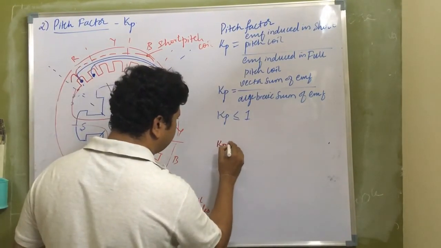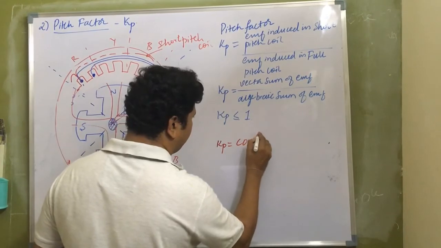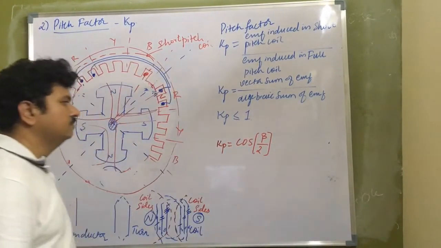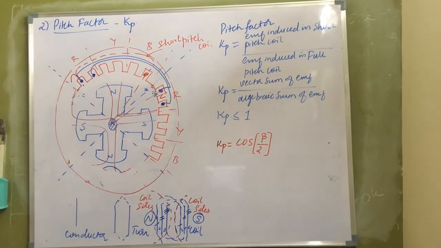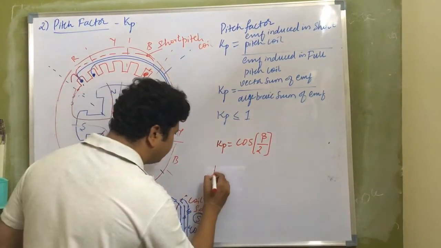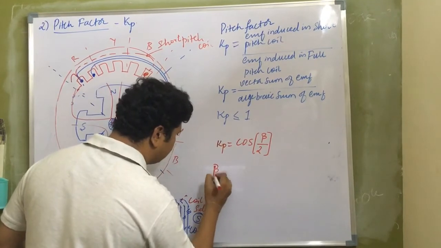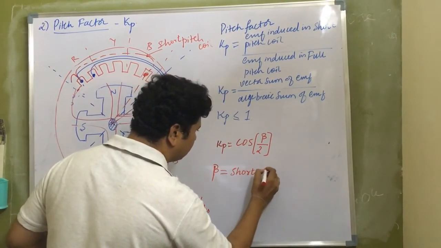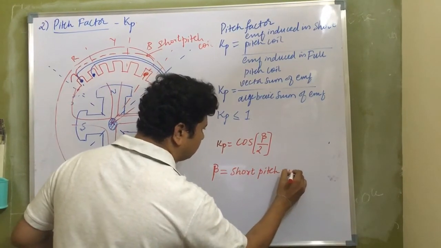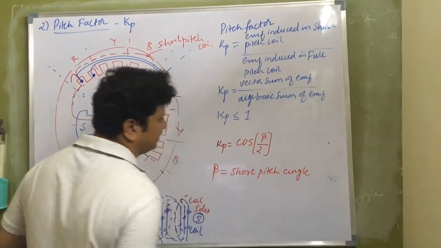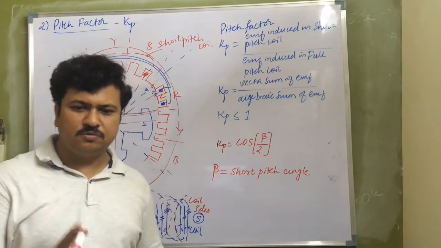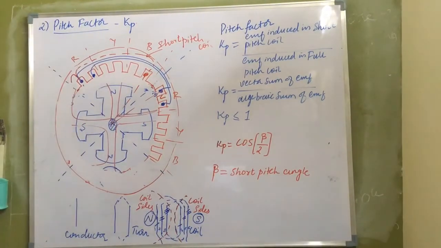Kp is equal to cos of beta by 2, where beta is the short pitch angle. If the short pitch angle is 0, cos 0 is 1, which means it is a full pitch coil.